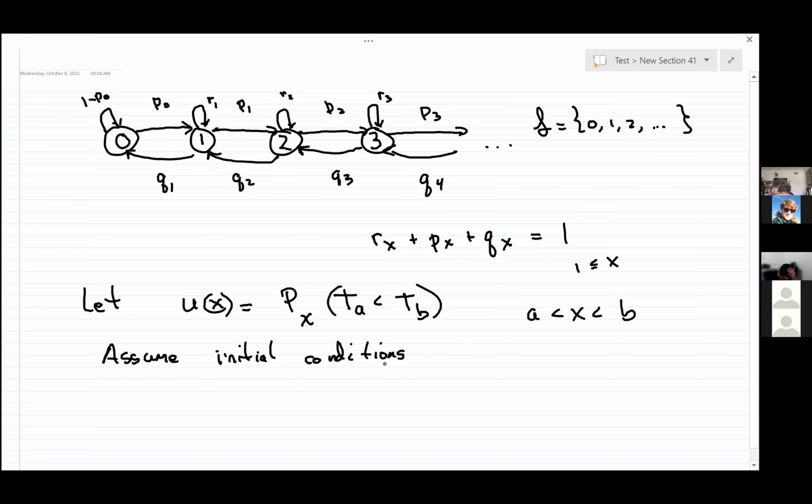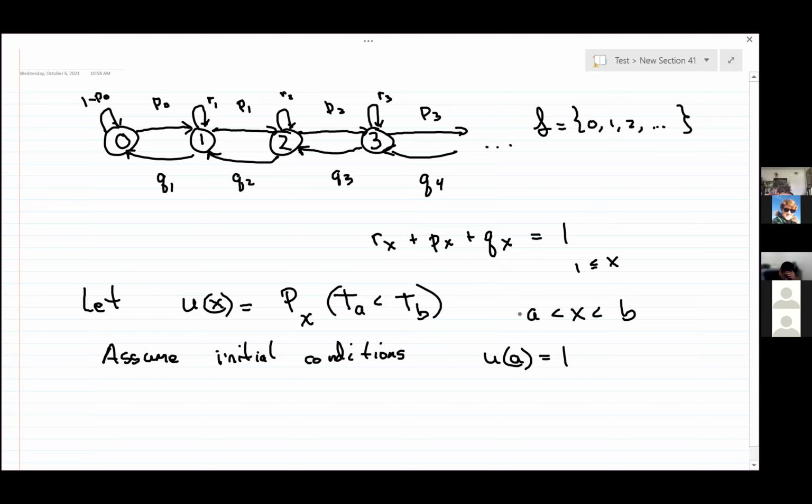And so for initial conditions, suppose you started at A. Well, if you started at A, that would mean that X is A, and that's not really the case that we're really interested in. But if you presume that you actually started at where you want to first hit, then the probability to do that would be 1.